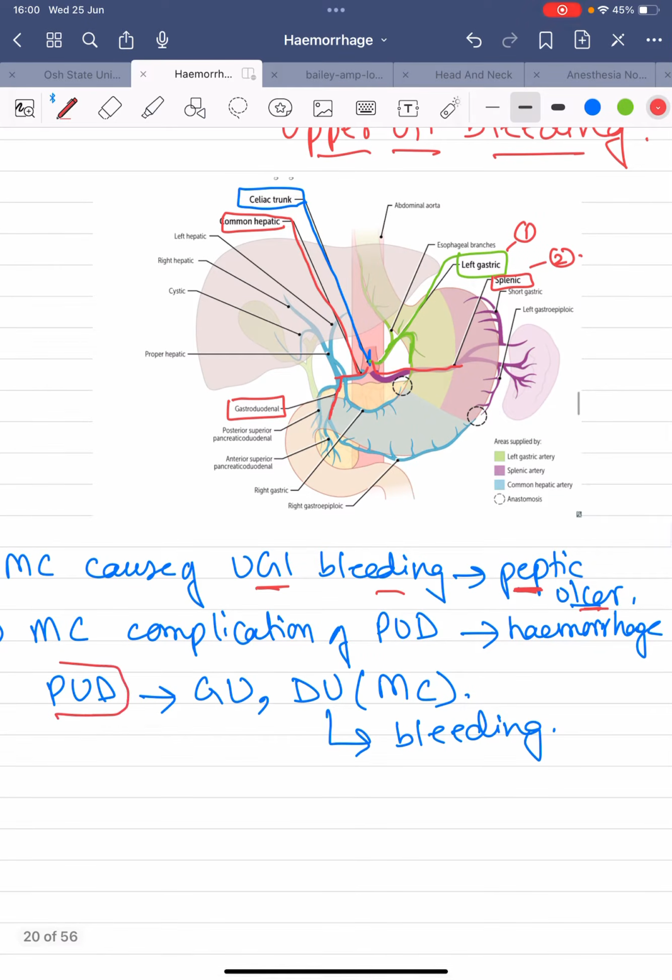And duodenal ulcer, please remember, is most commonly in the first part of the duodenum.